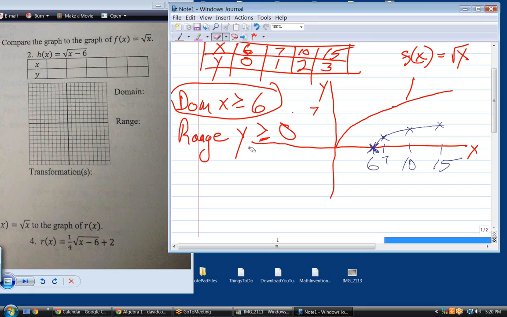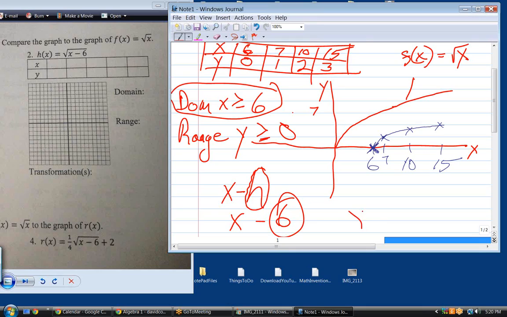And once again, what is the transformation from this function here? A horizontal shift to the right. Yeah, because the standard is x minus h, and if h is a positive number, then it's a shift to the right. In this case, we have x minus 6, so 6 is a positive number.